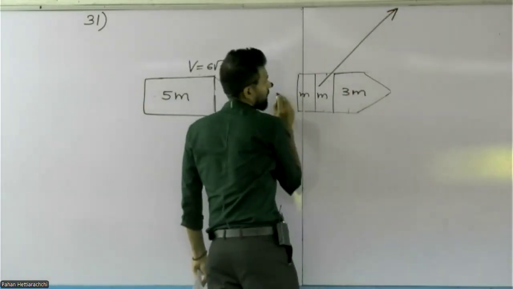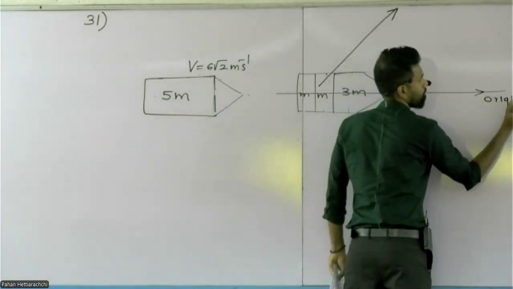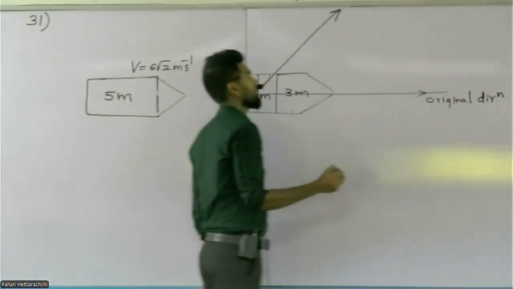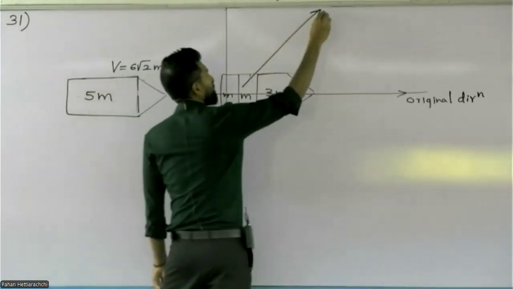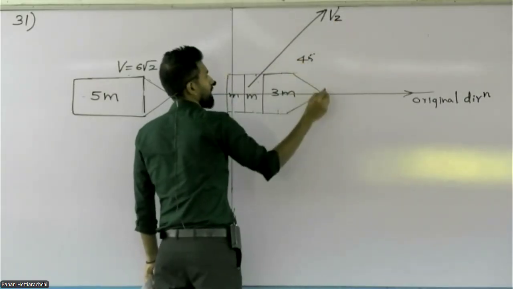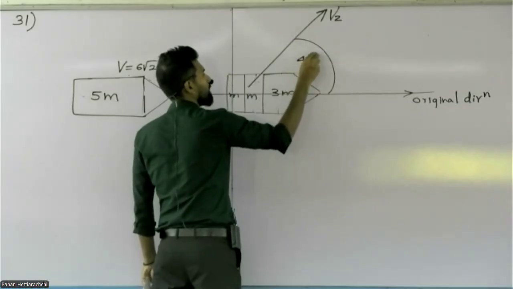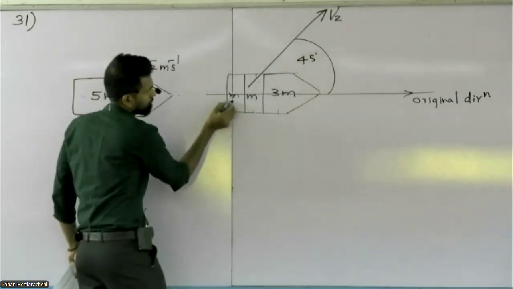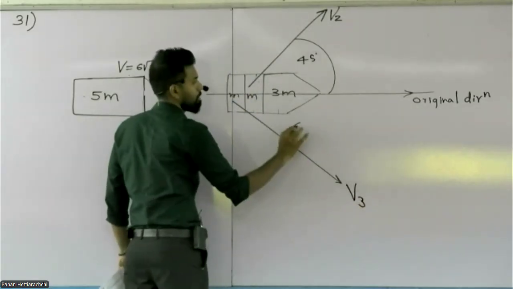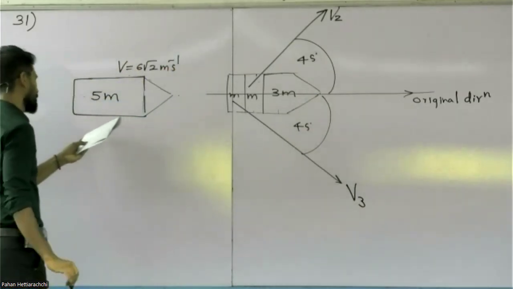So this is the original direction. This one with the velocity v2 at an angle of 45 with the original direction. This one with the velocity v3 at an angle of 45 with the original direction.